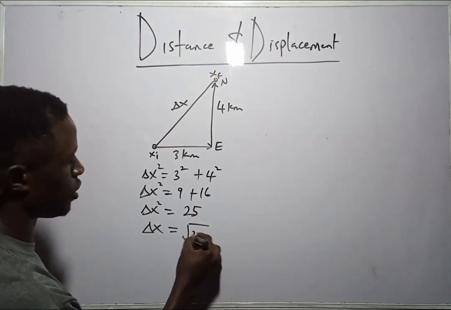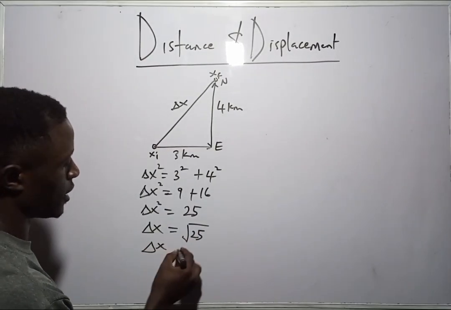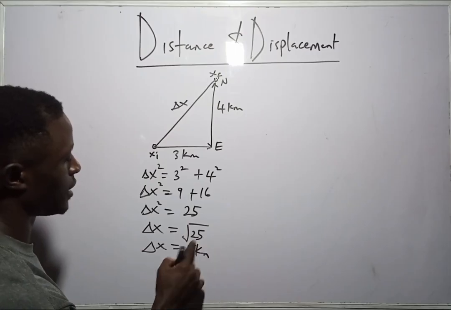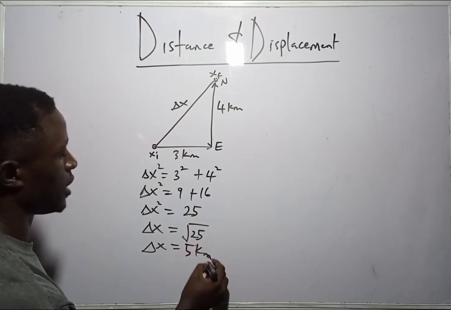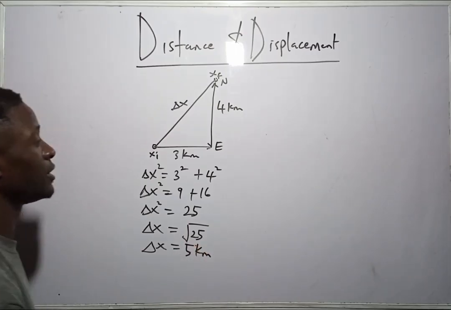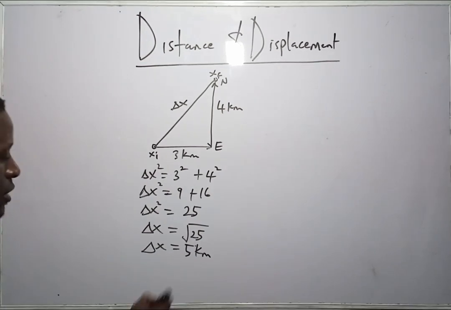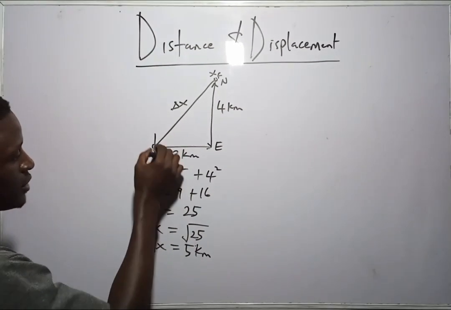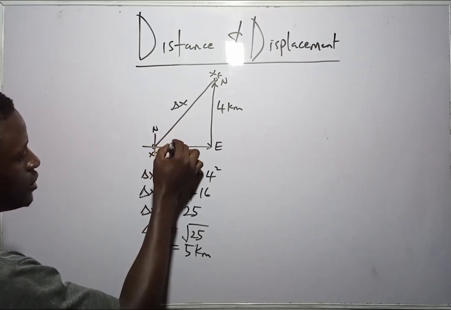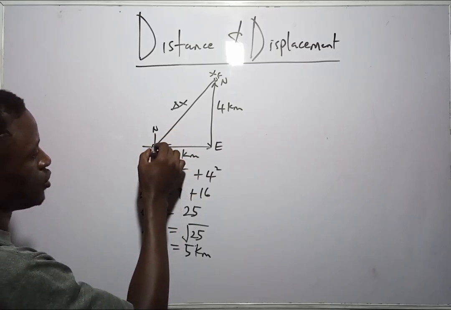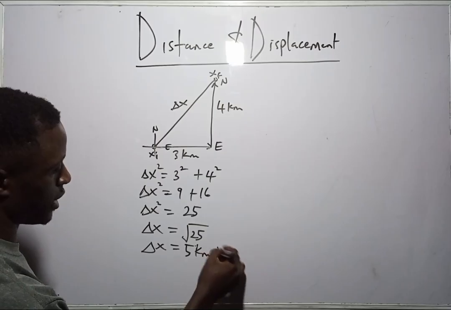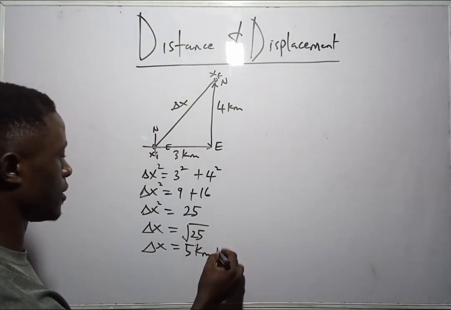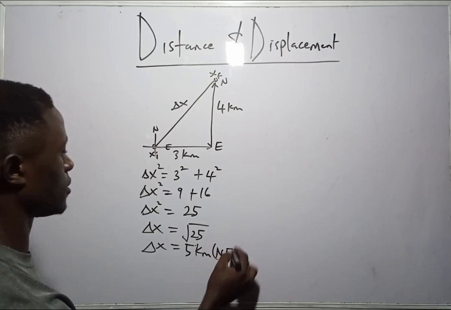This is going to be root of 25 and this will be 5. 5 kilometers in what direction? Let us determine the direction. If I draw north here and I draw east here, it is going to be in the northeast direction. 5 kilometers northeast.